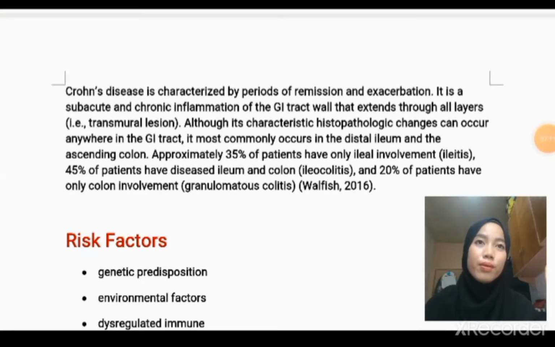So, Crohn's disease can affect any part of the GI tract, but the most commonly affected portions are the last part of the small intestine, which is called the ileum, and the first portion of the colon, the cecum, which is part of the large intestine.